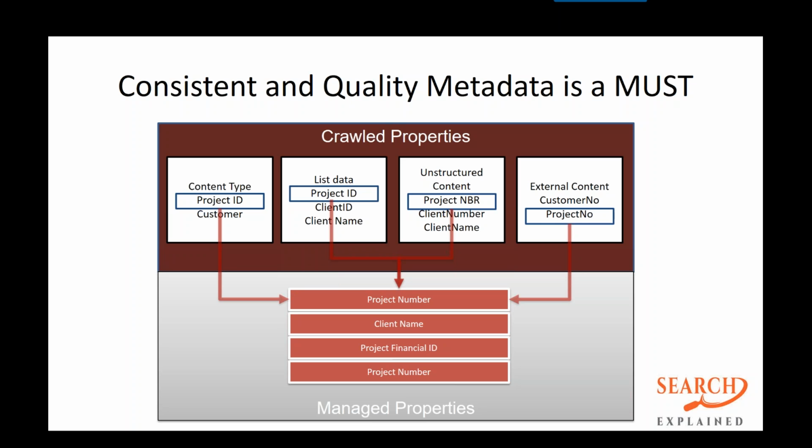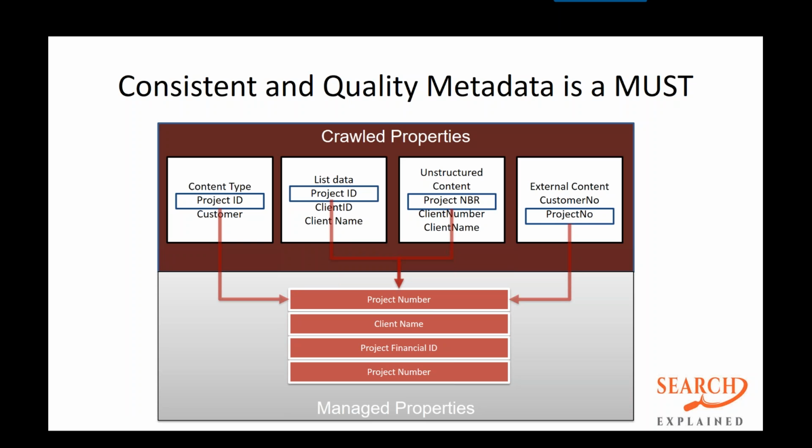This is why we have to unify all those metadata fields into one metadata field, and this is called mapping those crawled properties into one managed property, which is called project number in this case. And all the project ID properties, project number property, and project NO property will be mapped to the same project number property, and this project number property is the one which we can use on the search user interface.